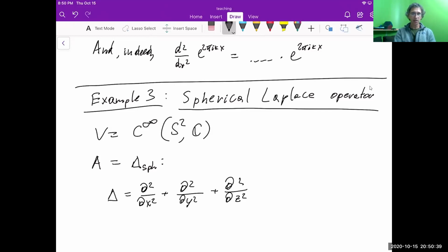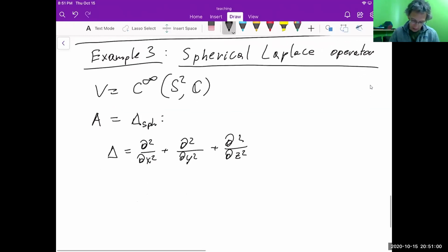Effectively what we want is to restrict it to the sphere. It doesn't make literal sense because, for example, if you have a function which is only defined on the sphere, you cannot take the second partial derivative of that with respect to x. To know the partial derivative with respect to x, you need to go outside the sphere. However, you can restrict it to a sphere with a little bit of work.